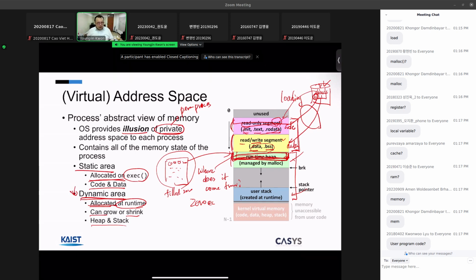We'll visit it later. Okay, so these four sections are important, and also, as I said, there is a kernel section, where the low end part is used by a process and the high end part by the kernel.